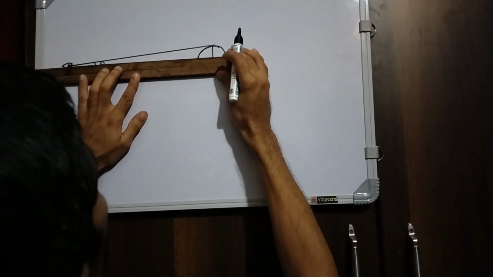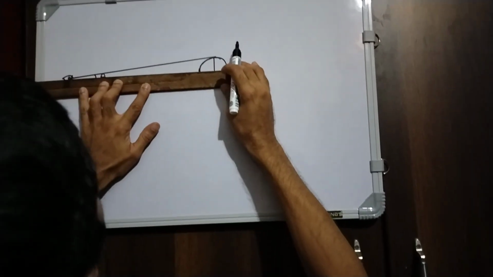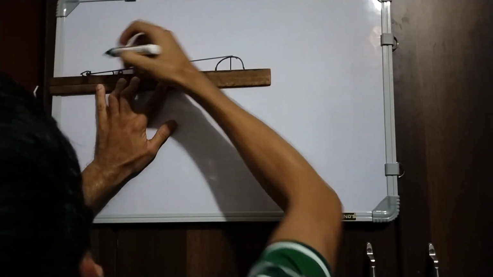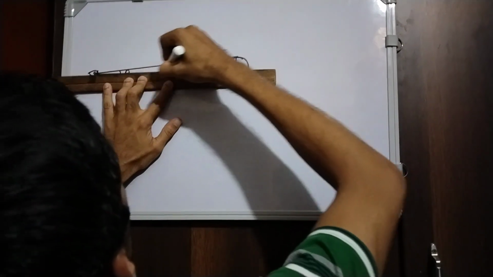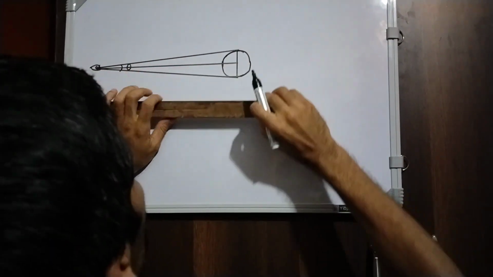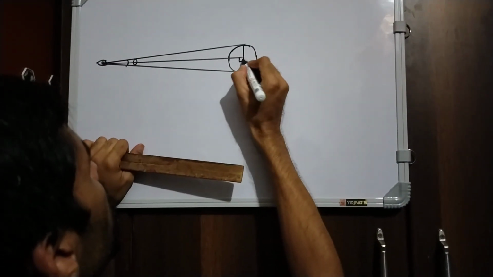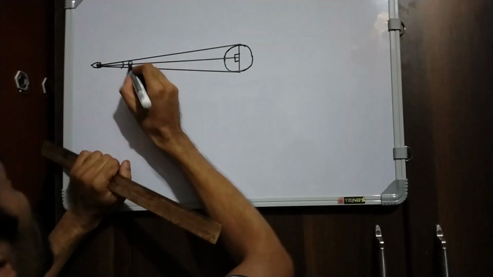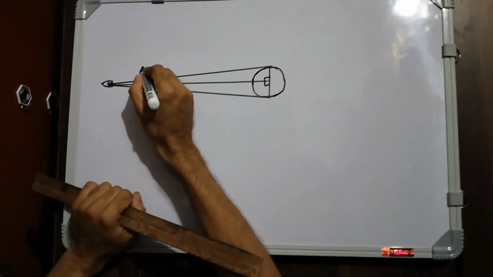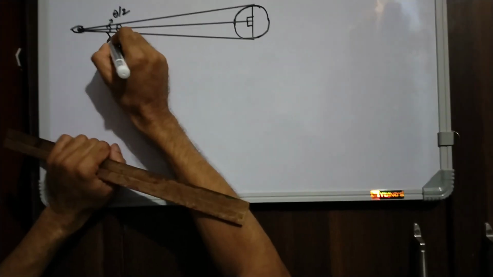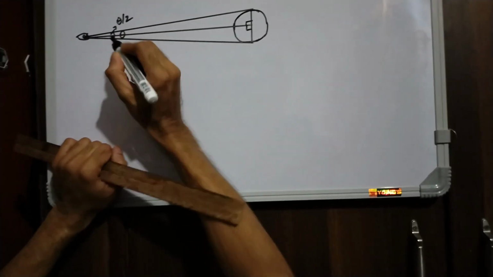Now I will divide this angle exactly by half. This is 90 degrees and this is 90 degrees, and this angle is theta by 2 and this angle is theta by 2.